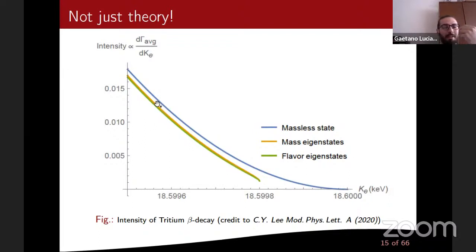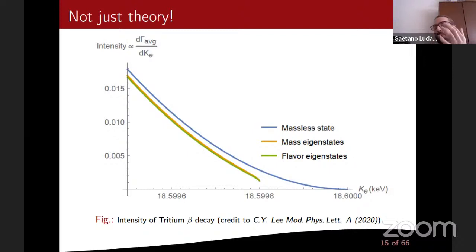The problem is not just a theoretical problem, it's not just a mathematical problem. We know that quantum mechanics is in some sense the non-relativistic approximation of quantum field theory. So the difference between the quantum mechanics and quantum field theory approach is more evident in the non-relativistic limit.